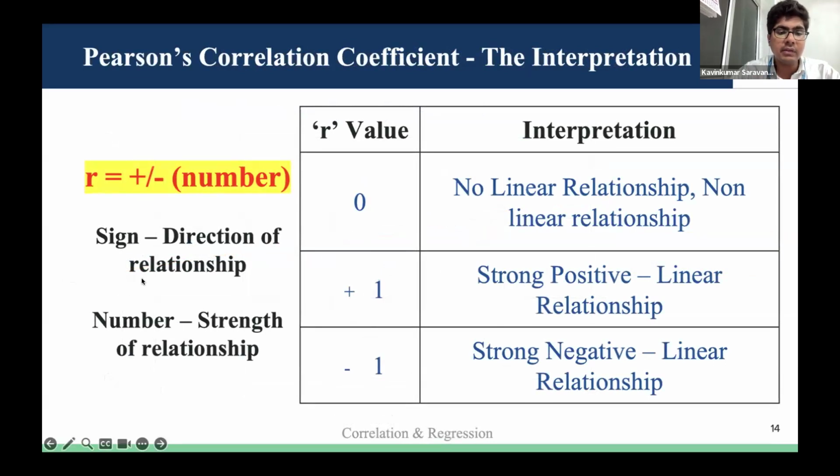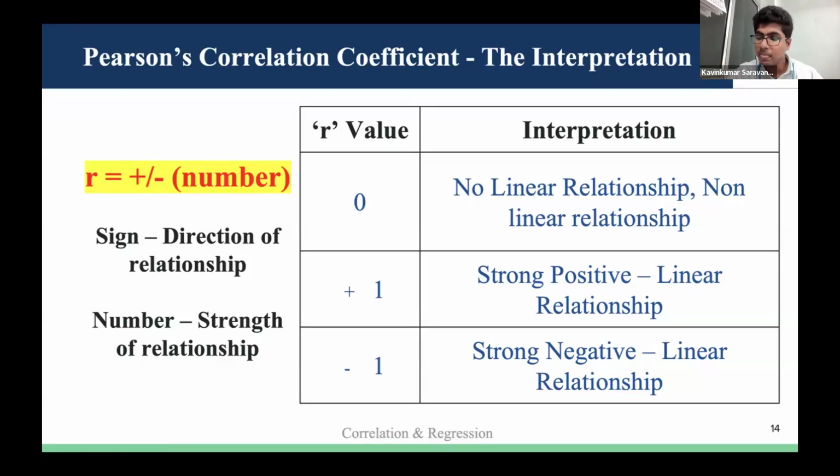The sign will give you the direction of the relationship: whether there is a positive relationship, with the line going towards the upper right, or a negative relationship, with the line going from top left to bottom right. The number will give you the strength of the relationship. It means how strong the relationship is.